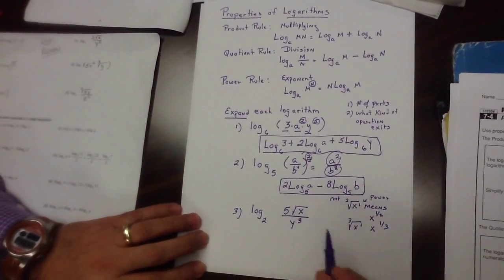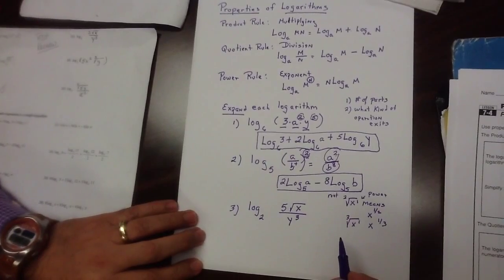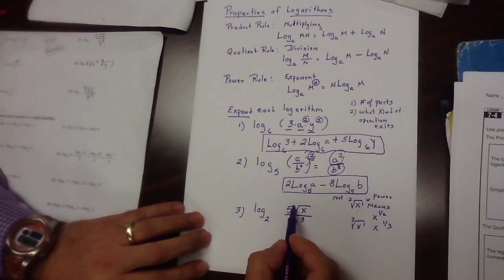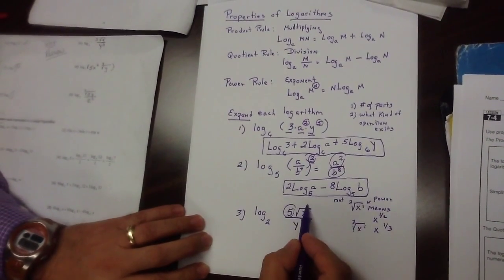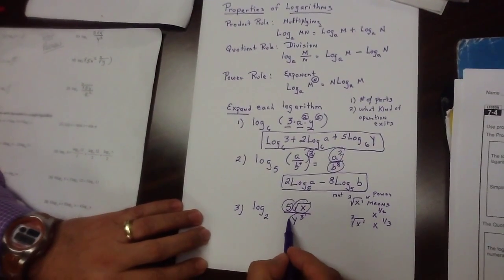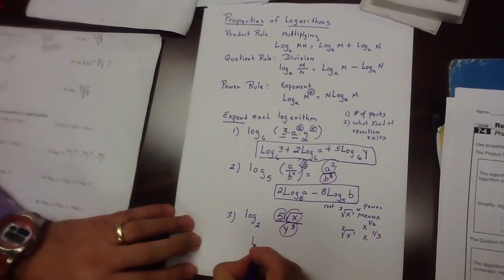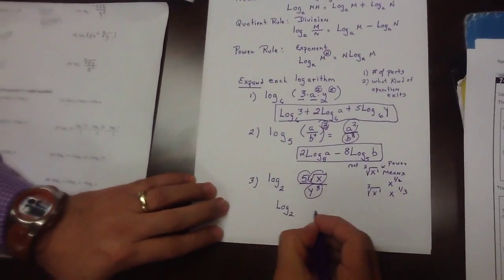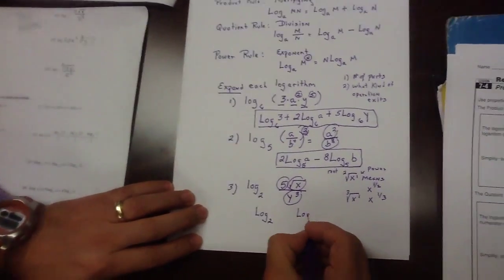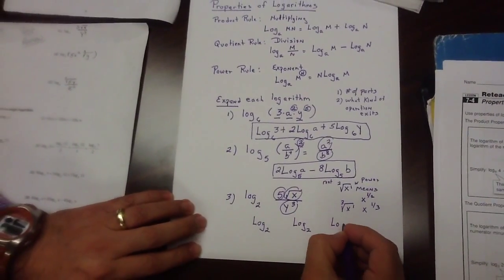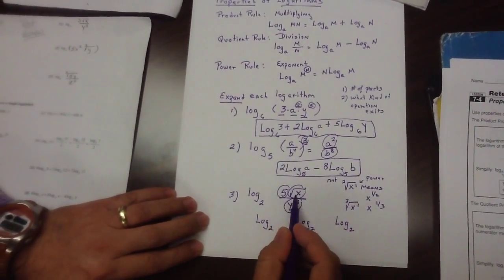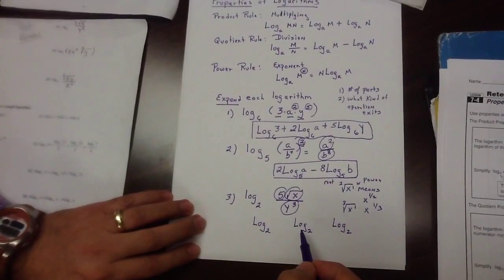If I look at this problem, the first thing I look at is how many parts I have: 1, 2, 3 parts. Because I'm expanding them, I'm going to have 3 logs. Now I look at each one.